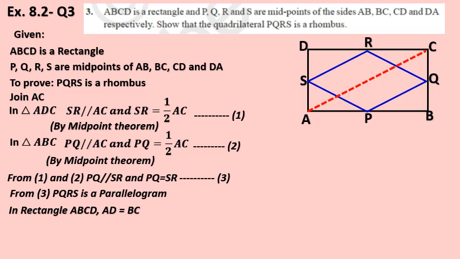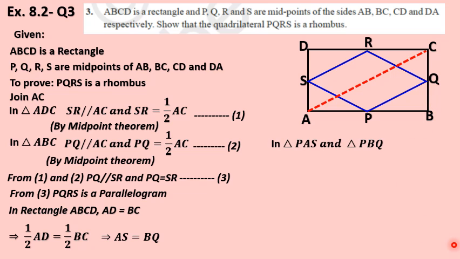Now, in the rectangle ABCD, AD equals BC because opposite sides of a rectangle are equal. So, half AD will be half BC. That means AS equals BQ.